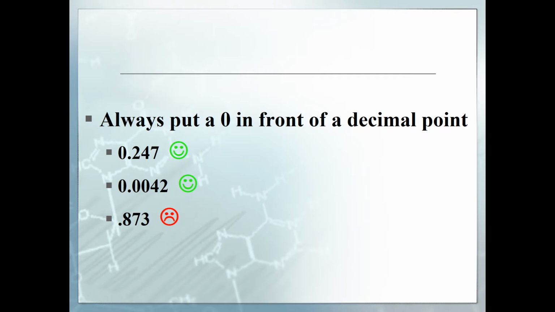Always put the zero in front of a decimal point. Whoever did not get onto you in elementary for leaving off the zero, I have opinions about them. You should always include the zero in front of a number or a decimal point. It should be 0.873, not .873.